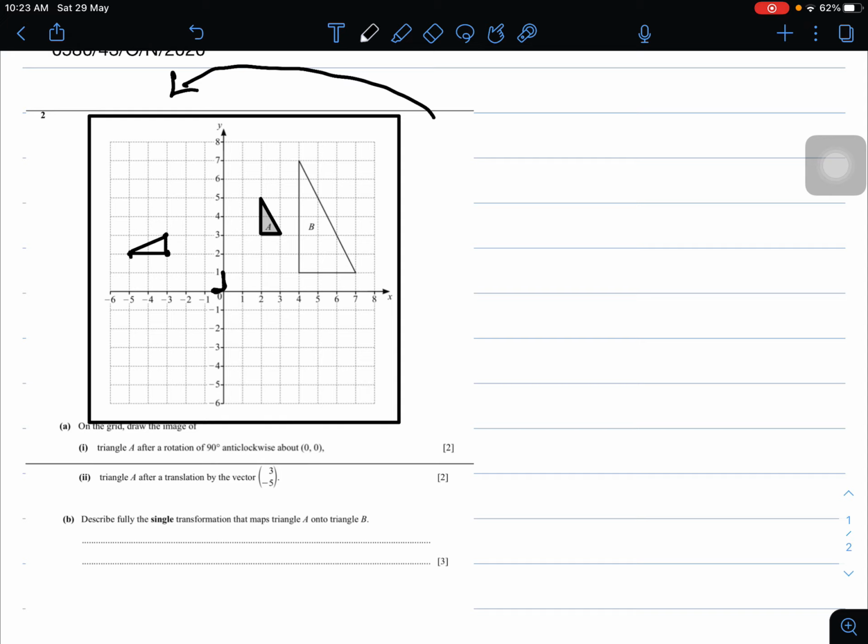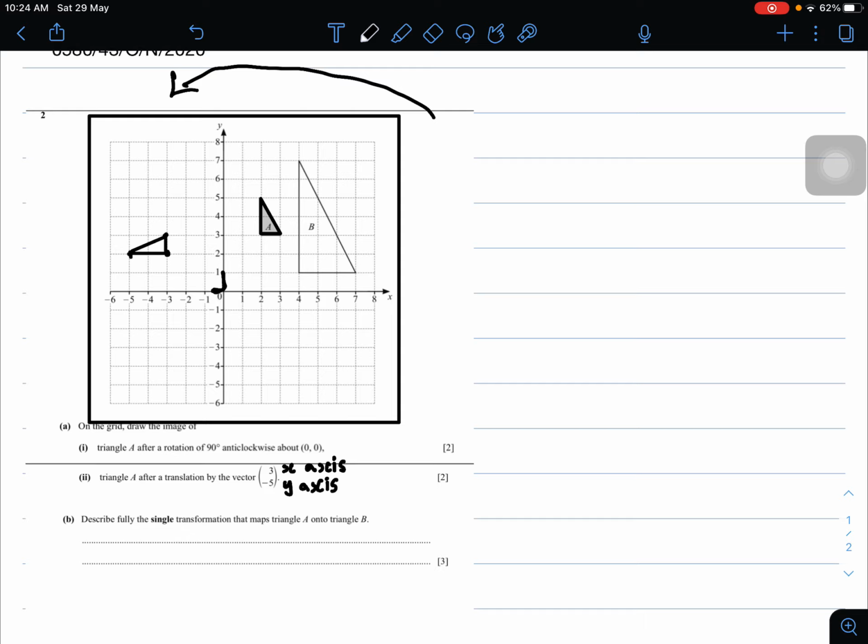Now for part A2, triangle A after a translation by the vector 3, minus 5. So the 3, or the upper number, shows the translation or the movement along the x-axis, that is either right or left, and the bottom number shows the movement along the y-axis, so that is either up or down.